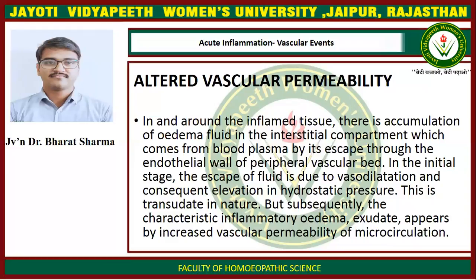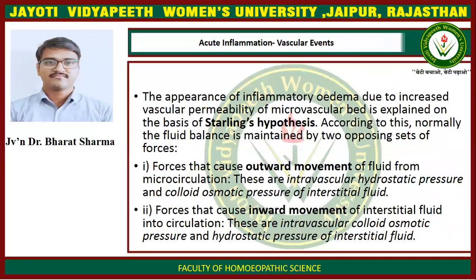In the initial stage, the escape of fluid is due to vasodilation and consequent elevation in hydrostatic pressure. This is transudate in nature, but subsequently the characteristic inflammatory edema exudate appears by increased vascular permeability of microcirculation.